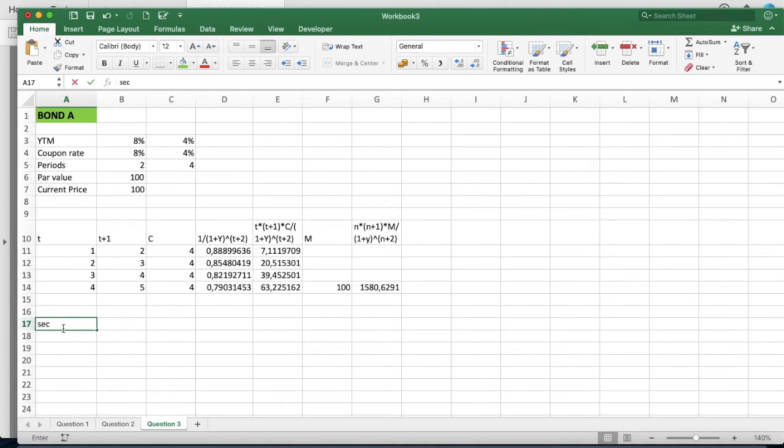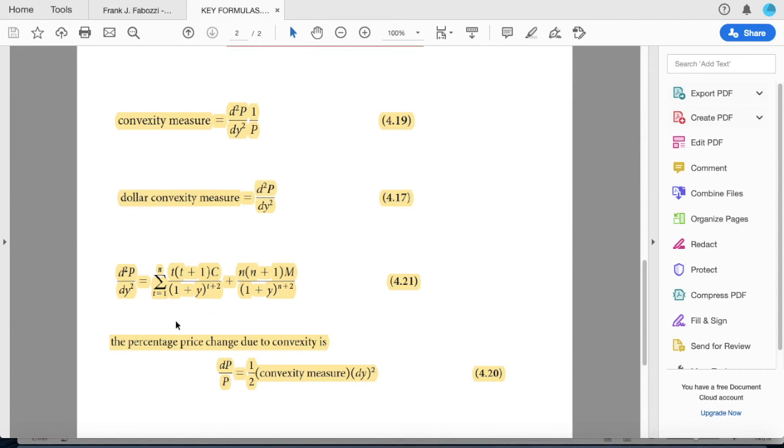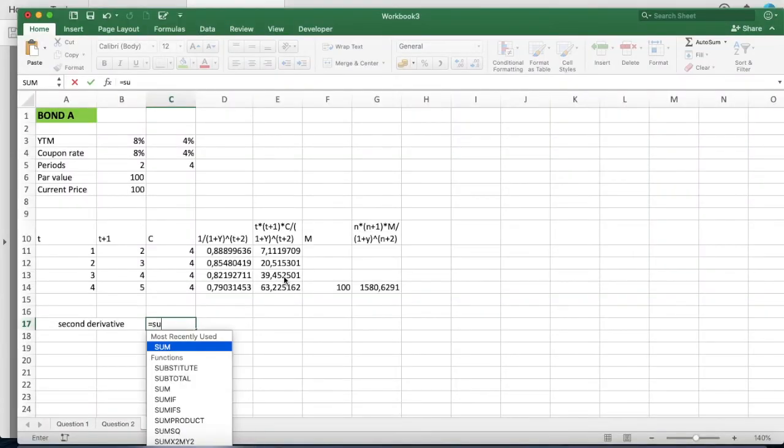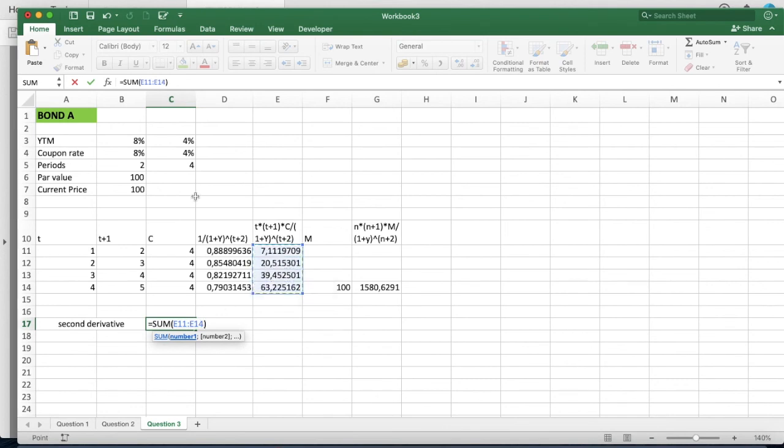Now the second derivative is equal to the sum of the cash flow related to the coupon plus the cash flow related to the final payment. So equal to the sum of these four cells, right, plus this one. This is the second derivative.